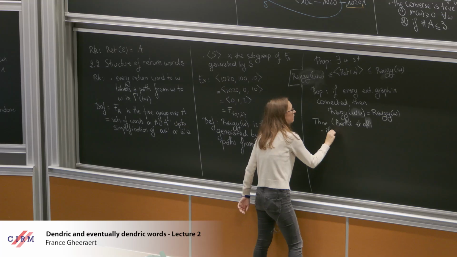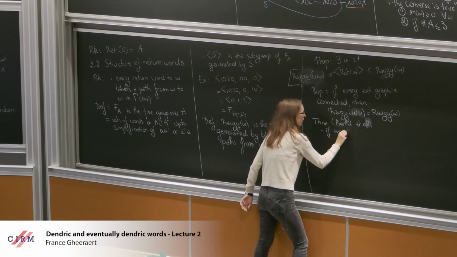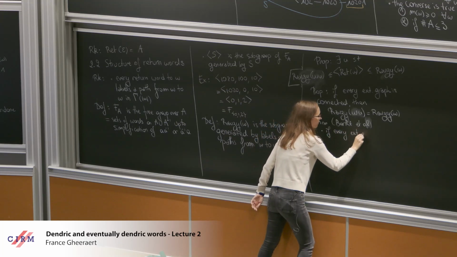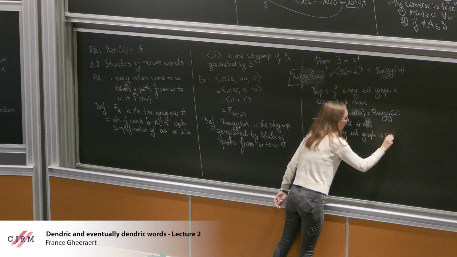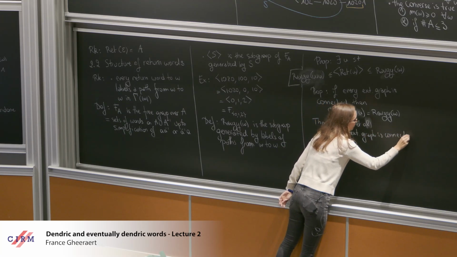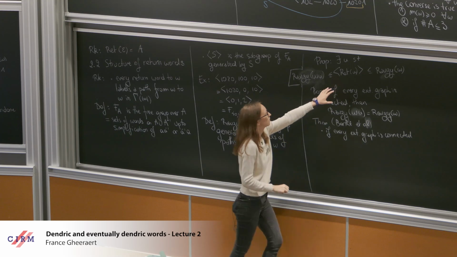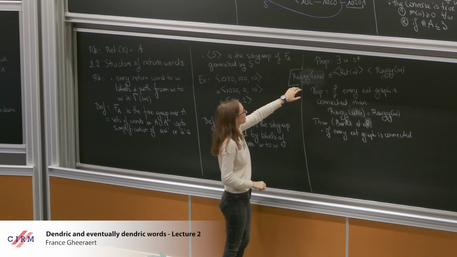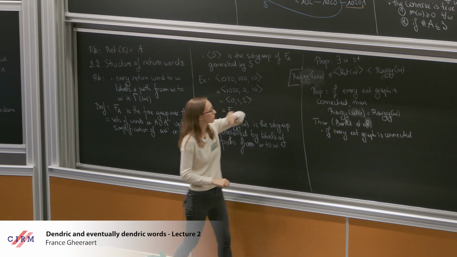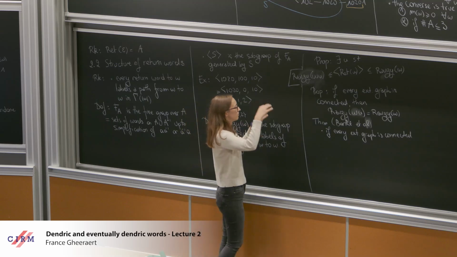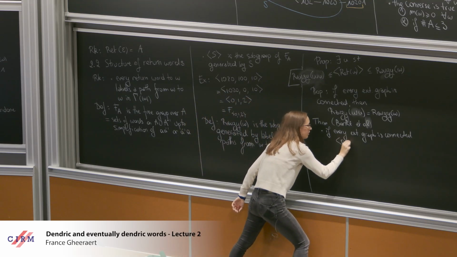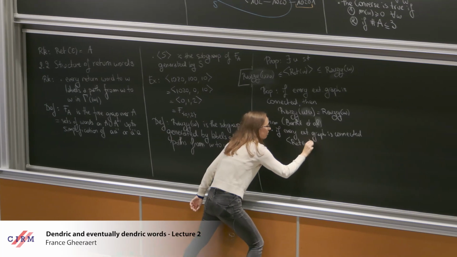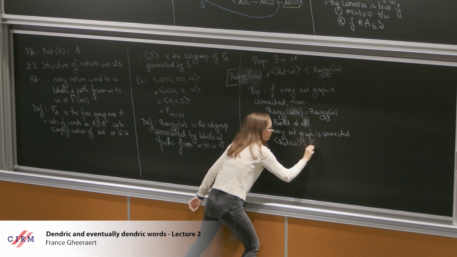If every extension graph is connected, then all of these groups generated by return words are actually equal to all of these Rosy groups, and you can show that they are equal to the whole free group.